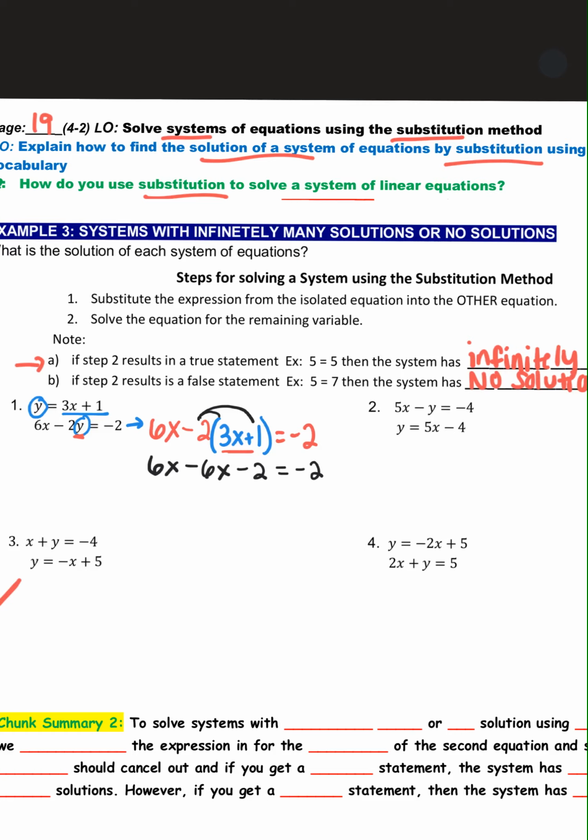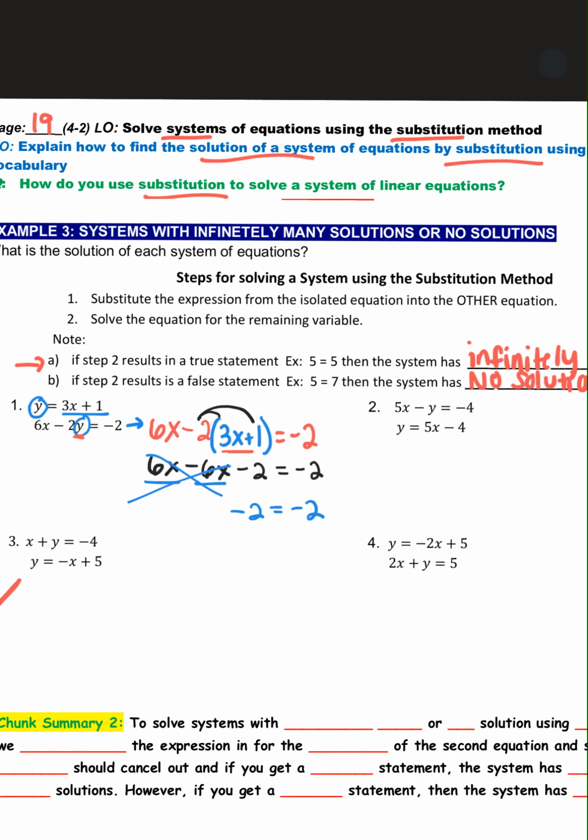Okay, so then I need to combine like terms. When I look at my like terms, I know that 6x and negative 6x are indeed alike, and that means 6 minus 6 is 0. That means they're going to cancel. They're going to go bye-bye. So these cancel out, and I'm left with negative 2 equals negative 2.